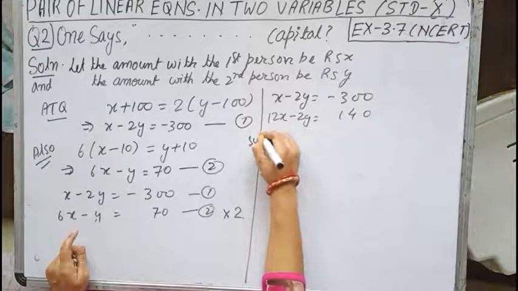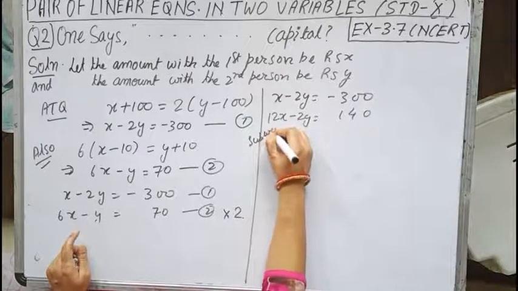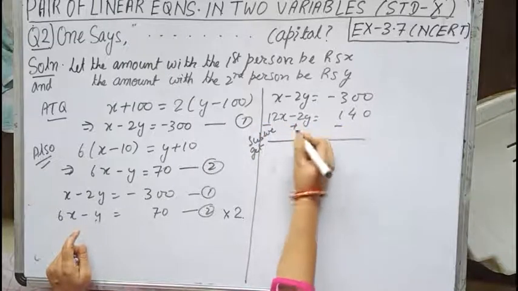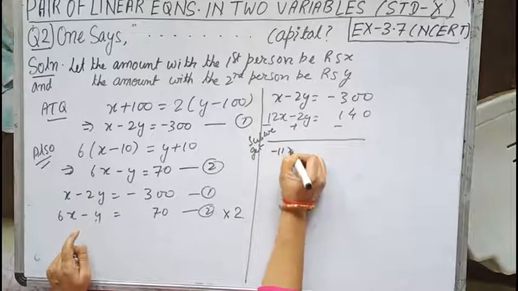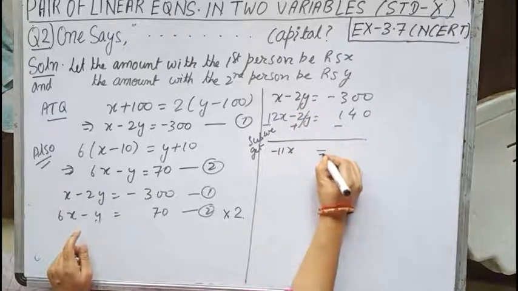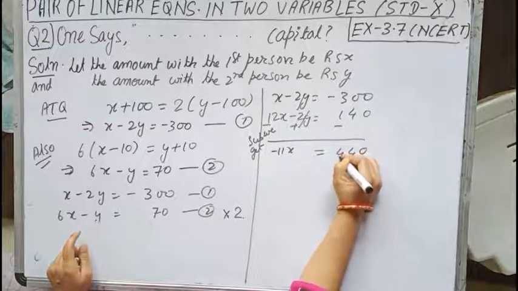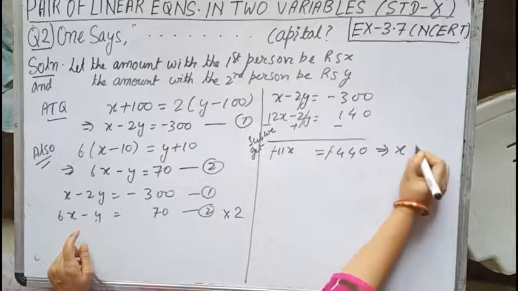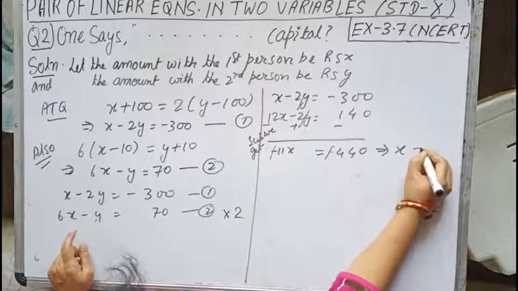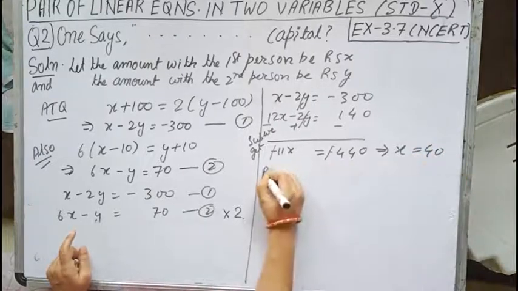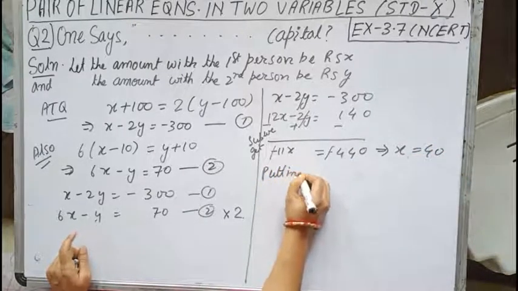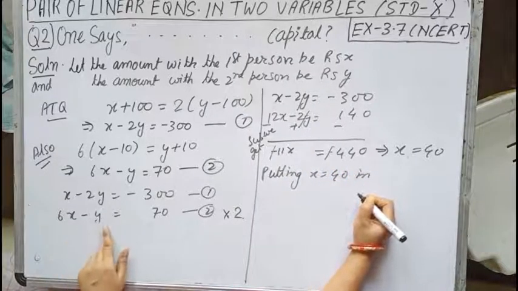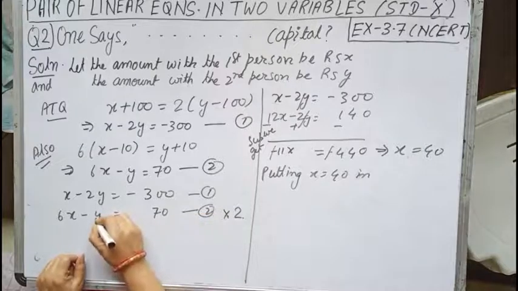Now subtracting we get minus plus minus. So this will be minus 11x, this 2y will be cancelled, equals 0, 4, 4 with negative sign. This minus minus cancelled. This implies x equals 40. x equals 40. Now putting x equals 40, let us put in equation number, any equation we can put.